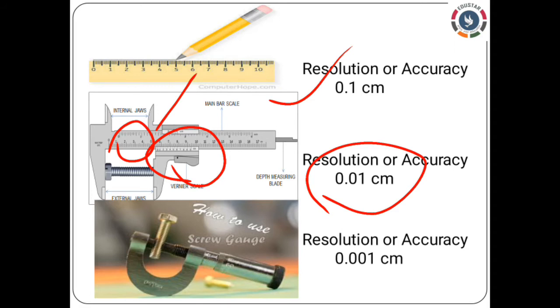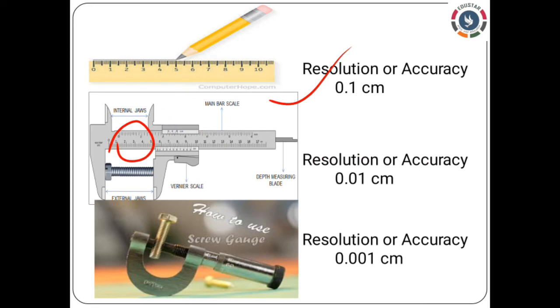So it is more accurate than the meter scale. For example, 2.45, 3.72. After the decimal point, 2 digits are there. At that accuracy level we can measure the readings.